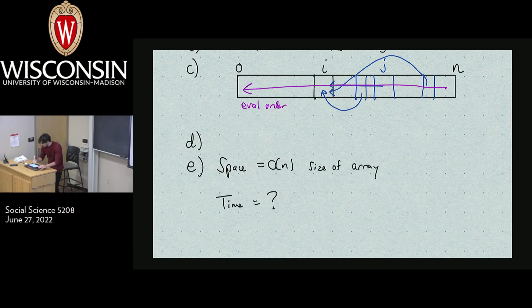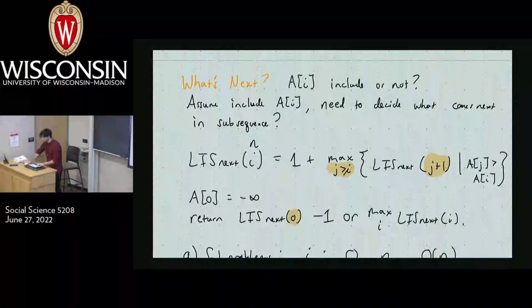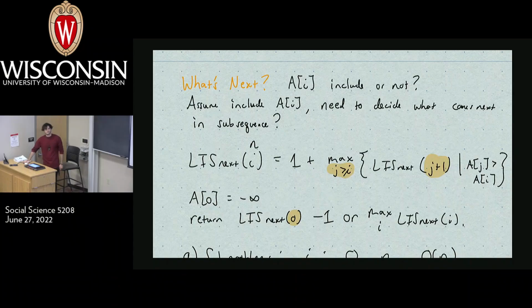We know there's O of n subproblems. But how much work do we do per subproblem in the worst case? Yes, the answer is O of n.